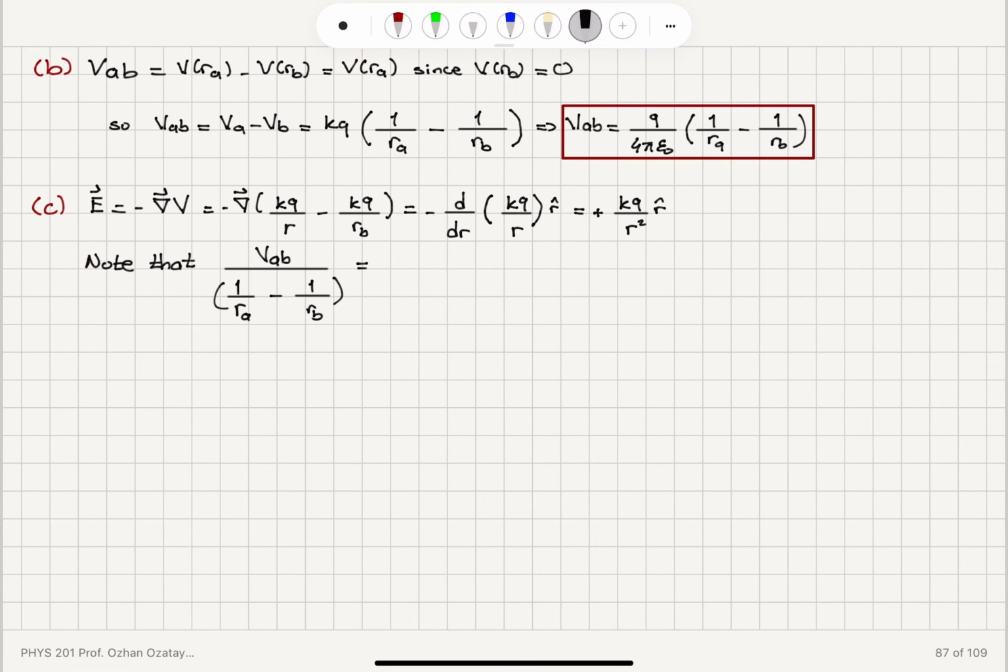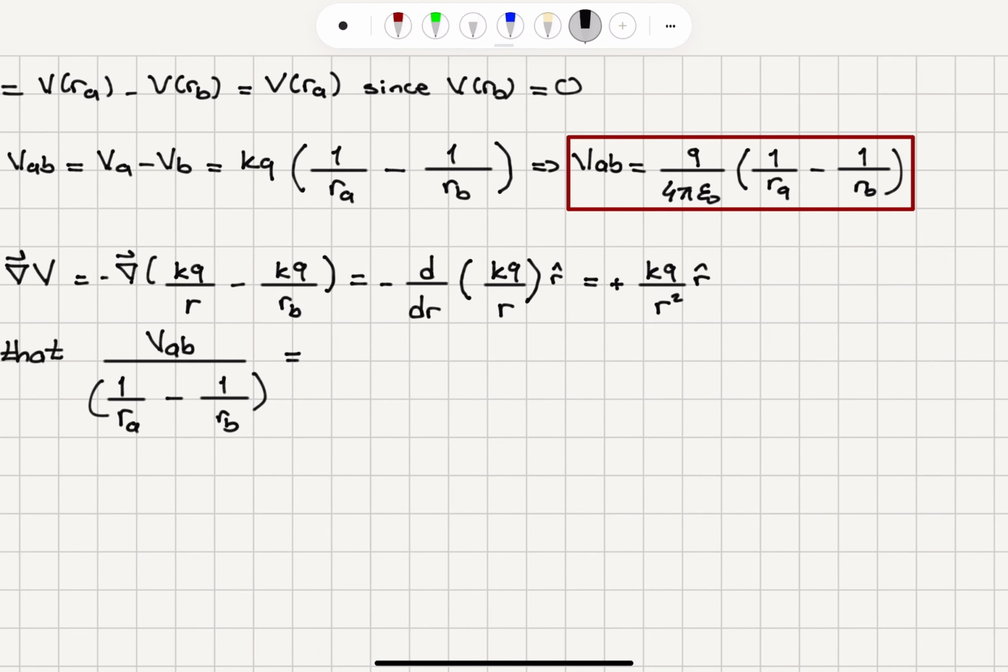So VAB divided by 1 over RA minus 1 over RB is K times Q.